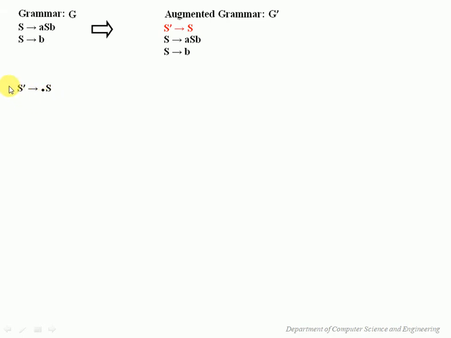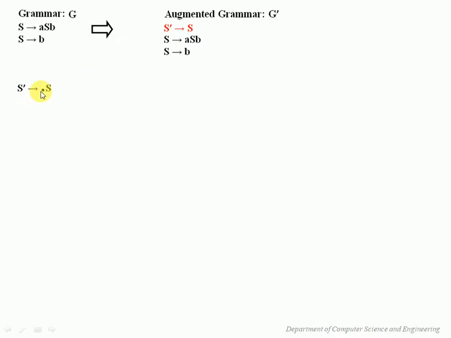So what is the closure of an item? For an item, the dot will be present somewhere, so there will be some symbol immediately succeeding the dot. Here we have a non-terminal S which is succeeding it. So to find the closure of this item, you need to consider all those productions with this non-terminal on the left side.